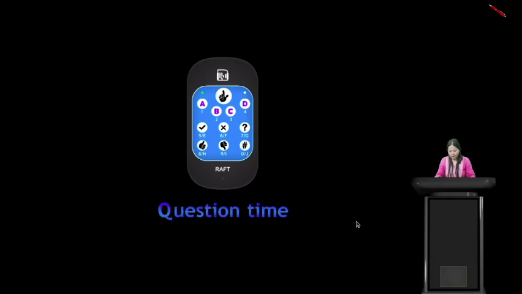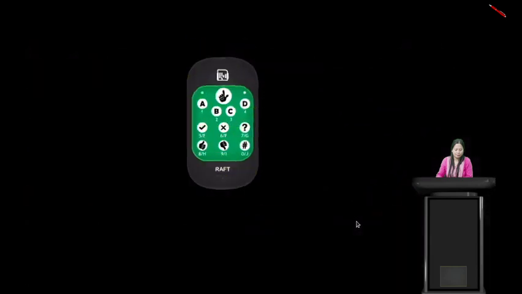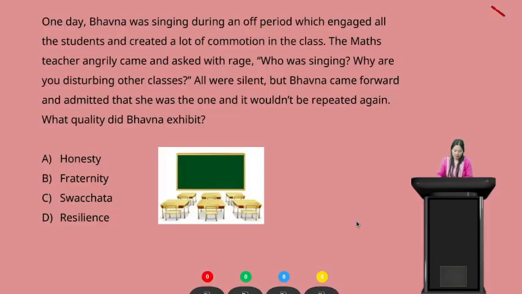Alright students, we have another question. Please get your rough devices ready. Okay, this is a value-based question. The question is, one day Bhavna was singing during an off period, which engaged all the students and created a lot of commotion in the class. The maths teacher angrily came and asked with rage, "Who was singing?